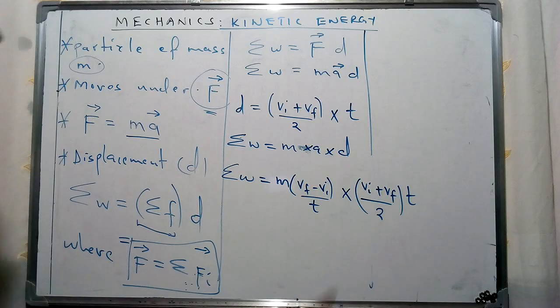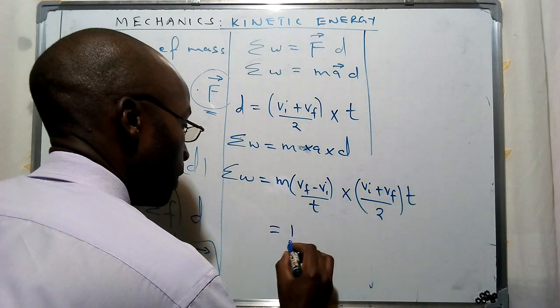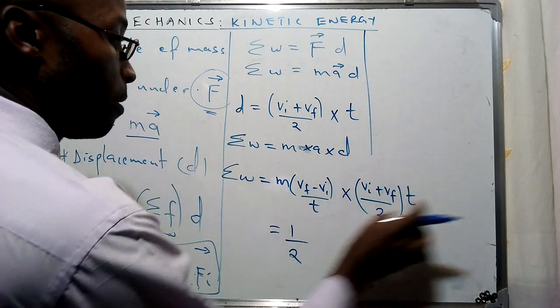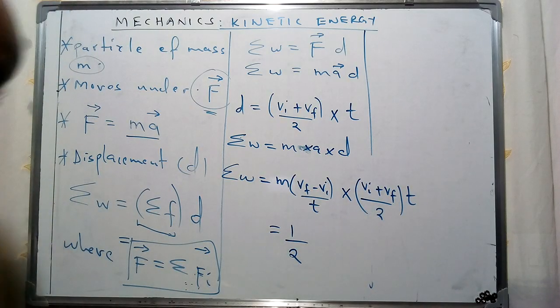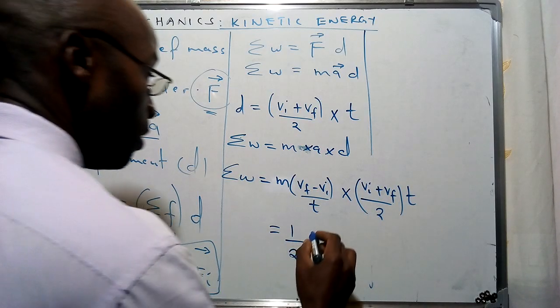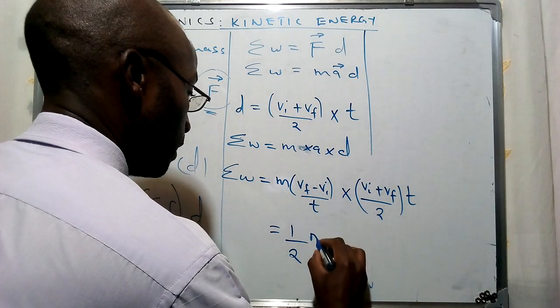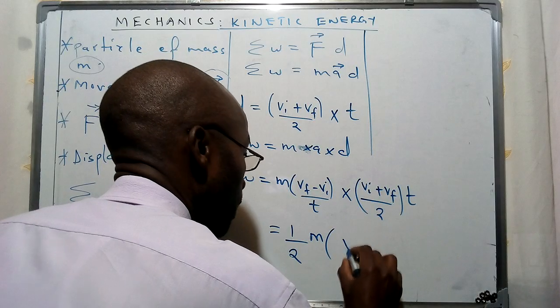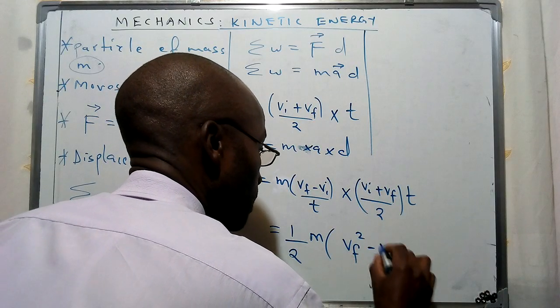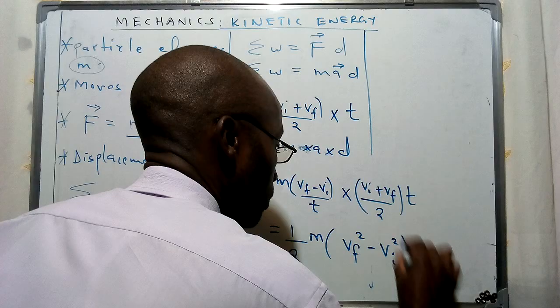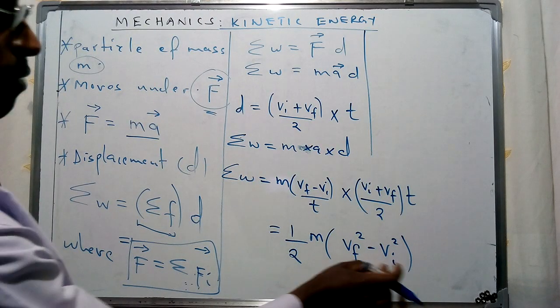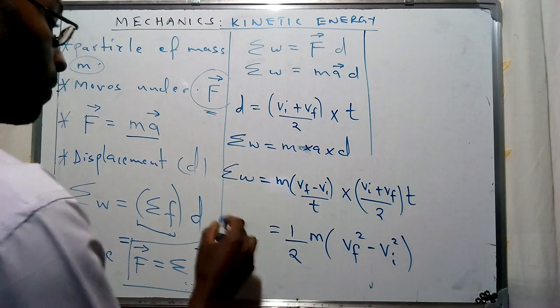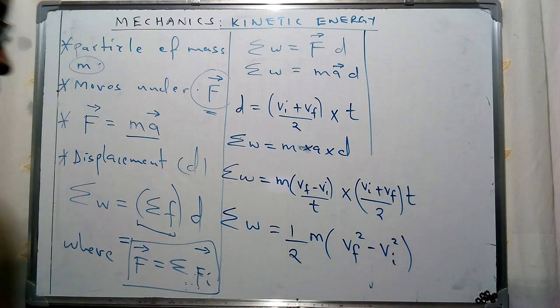So that's going to give us an element of the work done. In trying to evaluate this, we can see some common factors in this multiplication, and therefore we take out the common factor, which is going to be half m, and then we have V final squared minus V initial squared, and this is going to be the element of work done.